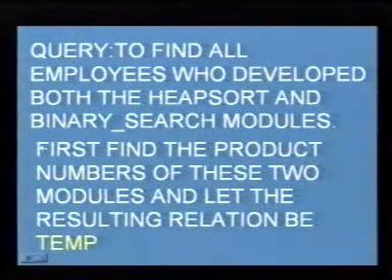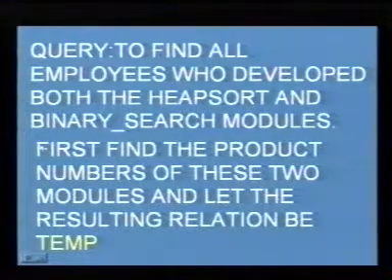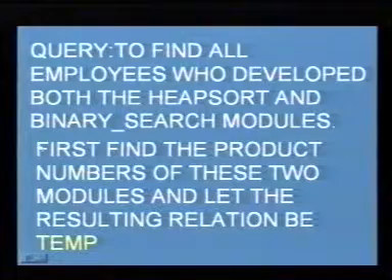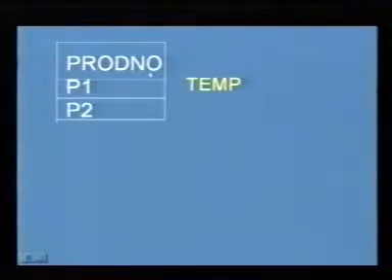First, we will find the product numbers of these two modules and let the resulting relation be temp. That is like this. The product number for heap sort is P1 and for binary search is P2. Thus, the temp relation will contain the product numbers P1, P2.